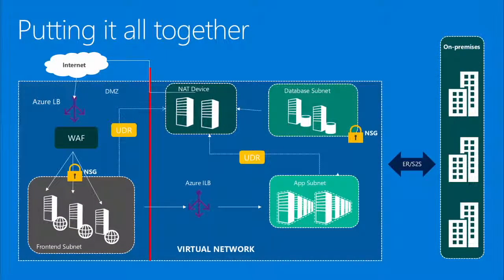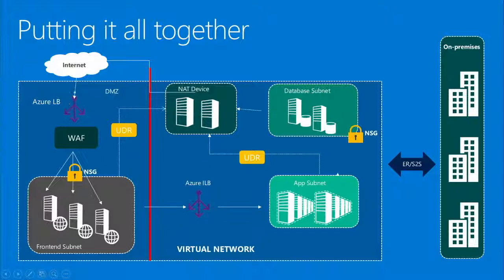So just putting it all together, going back to the first slide. In Azure, we are trying to provide a mechanism for you to have the same level of control and functionality that you would typically have in your on-premises networks. The starting point of that is a virtual network. Once you have a virtual network and your subnets defined, the next step is that you can define the security policies through NSGs, or you can define the traffic flows using user-defined routes.